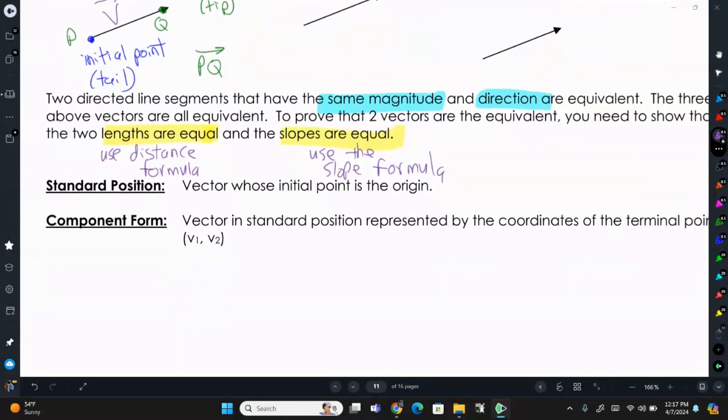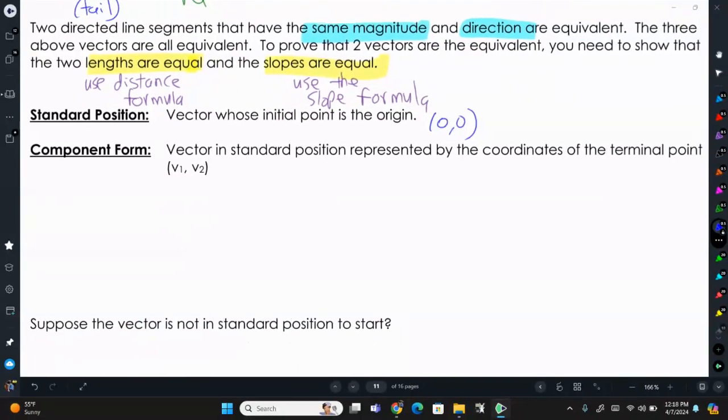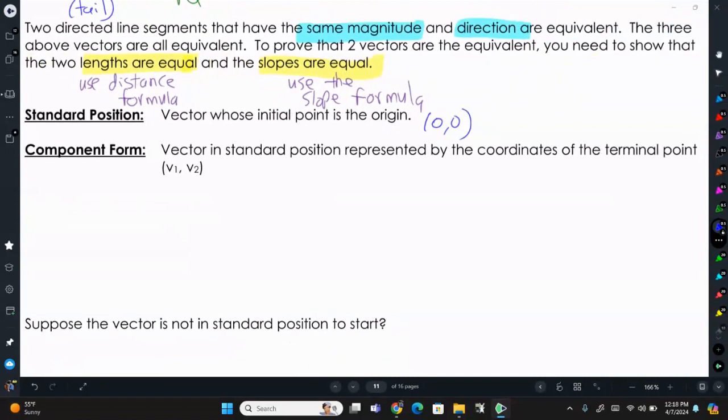Now, a vector in standard position means that its initial point is the origin 0, 0. And from that, we can get component form of a vector. It's in standard position, and the coordinates of the endpoint or terminal point are represented in that vector.